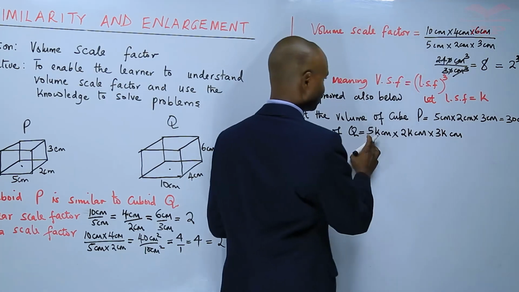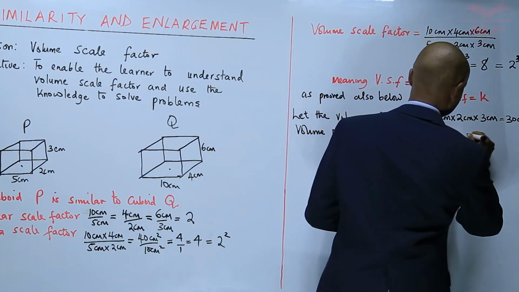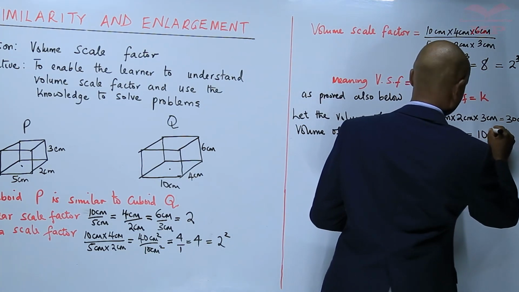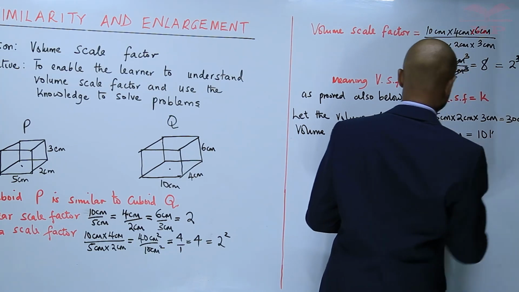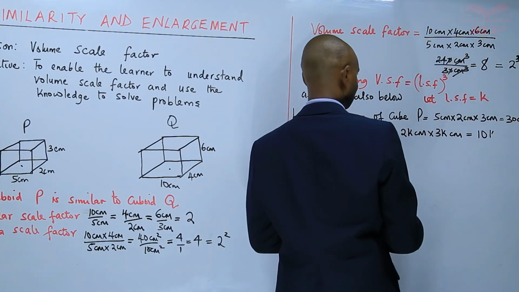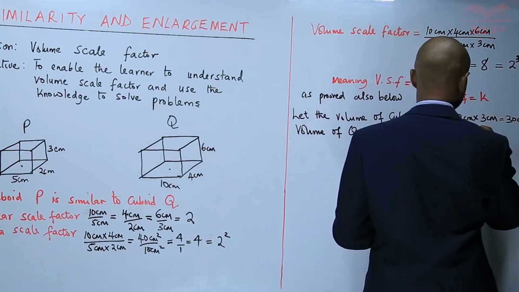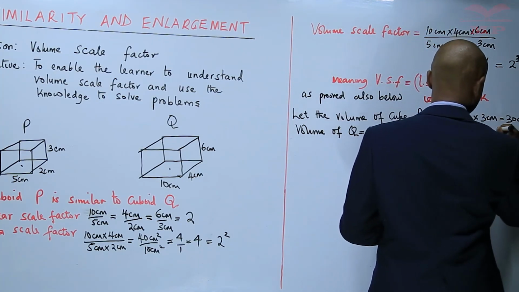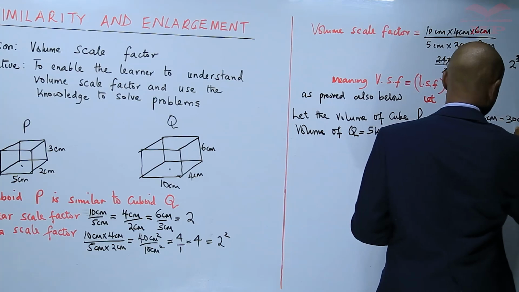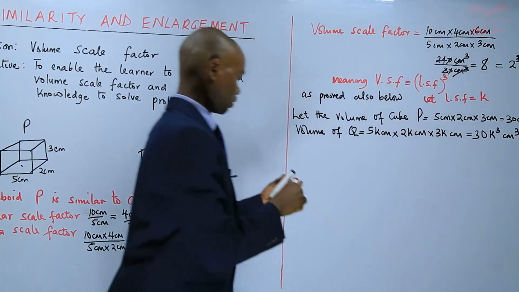If I multiply these, I get 30K cubed centimeters cubed.